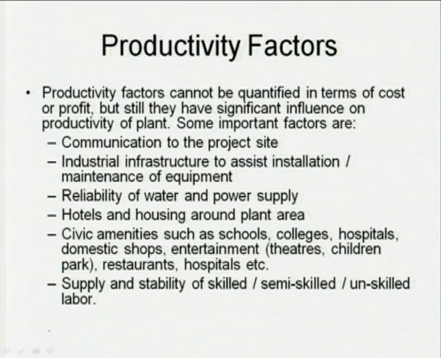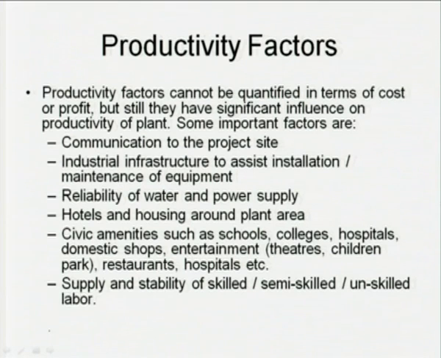You have to have telephone lines, fax lines or internet connections, and also road, rail and air communication to your plant site. So, the communication factor is not only important during the construction of the project, but also equally important during the operation of the project.